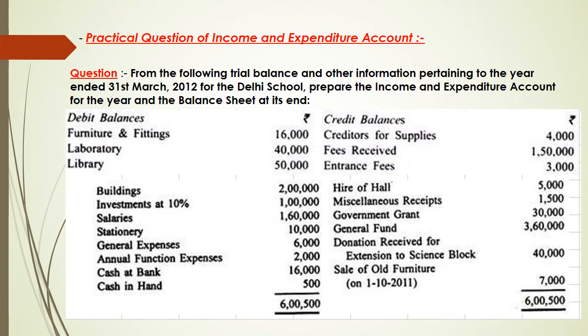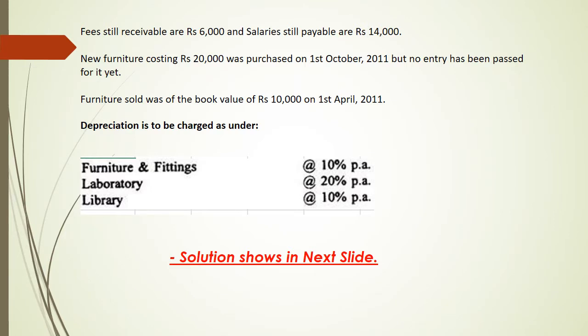Now going to the next slide for the other adjustments mentioned in this question. The adjustment items given are: fees still receivable are rupees 6,000 and salary still payable is rupees 14,000. New furniture costing rupees 20,000 was purchased on 1st October 2011.